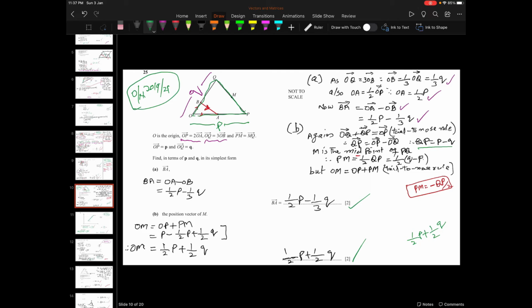But OM is equal to OP plus PM using tail to nose rule. So substitute the values of OP and PM. We get OM is equal to P minus half P plus half Q, which is equal to half P plus half Q.